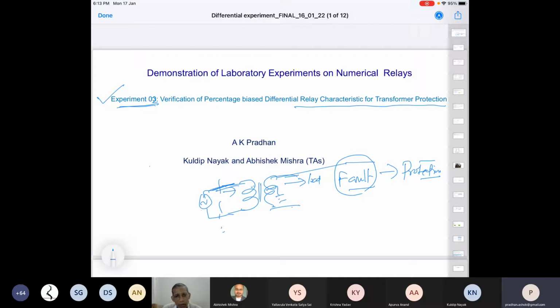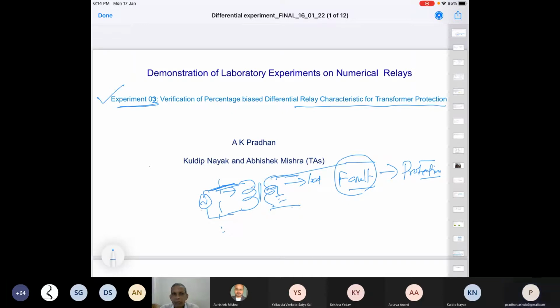This fault is nothing but insulation failure. That insulation failure matters because the conductors are around the core, and the steel core is grounded. So whenever there is any insulation failure, the phase conductor touches the core and finds a path for current to the ground.